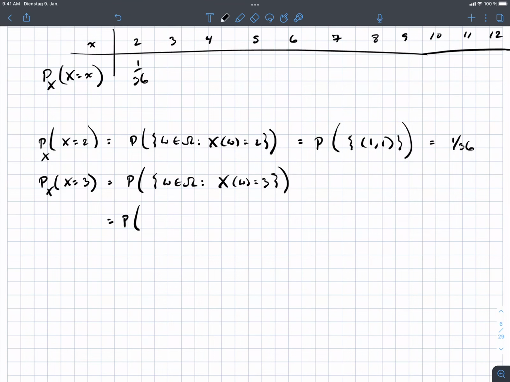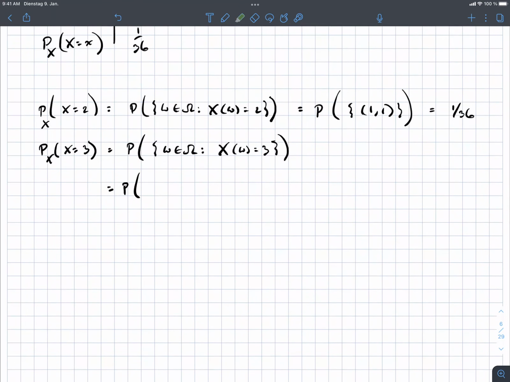Okay, so coming down here, I could roll a 1 and a 2 or a 2 and a 1. And the probability of that is 2 out of 36.